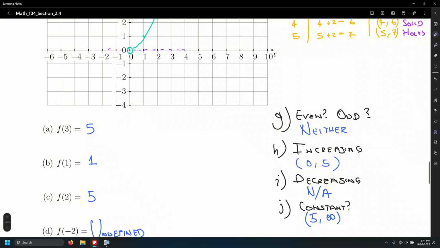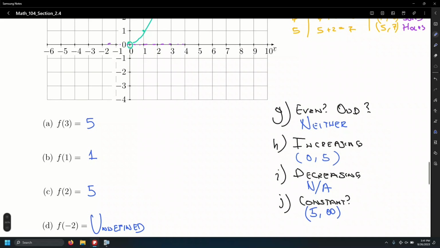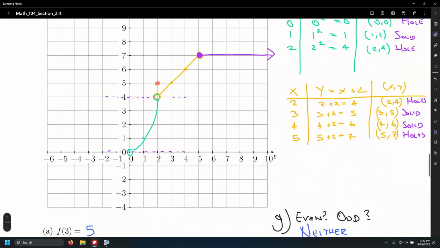Maximum and minimum values, well, there's no legitimate minimum value. Had we had a solid point over here, that would have been the minimum value. However, for the maximum value, it's weird to think about because the maximum value is y equals 7, but for which values of x?